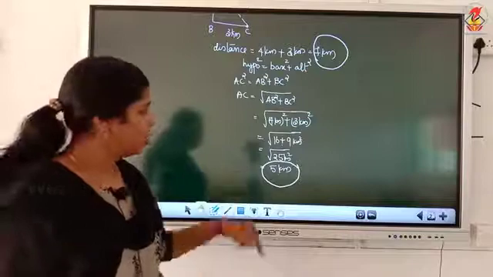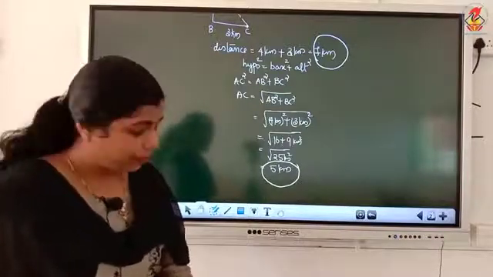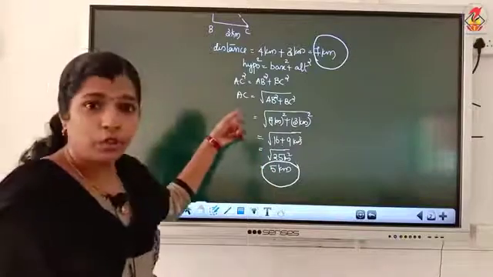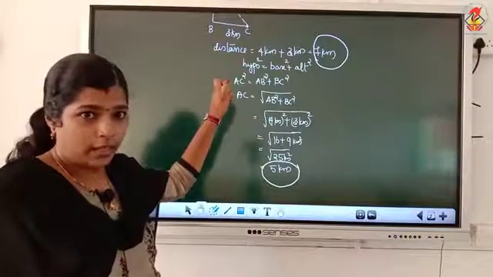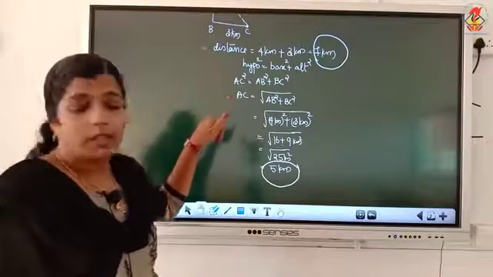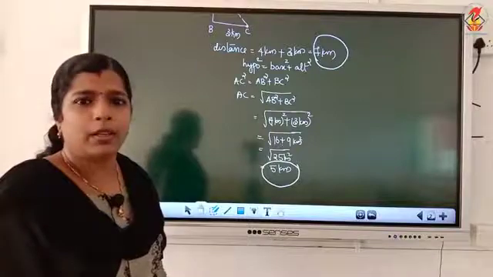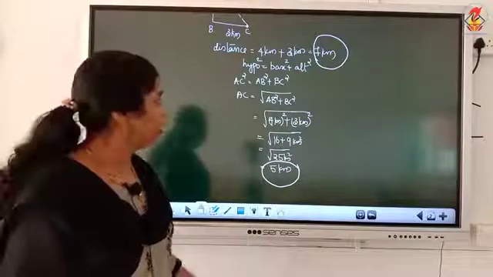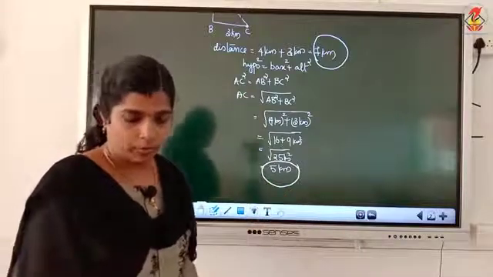That I will show you in the next example. Now, it's clear how to do this problem. If it is in the shape of a right angle triangle, displacement will be its hypotenuse. So, using the Pythagoras theorem, you can find the hypotenuse. That's the first problem.